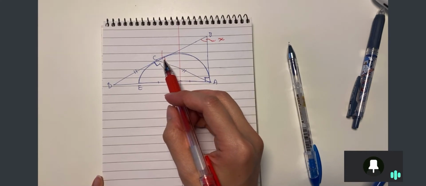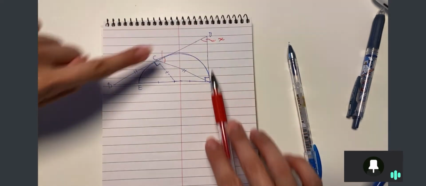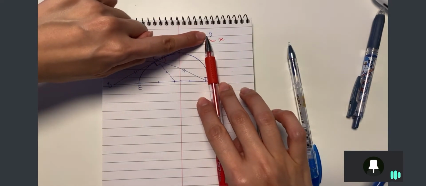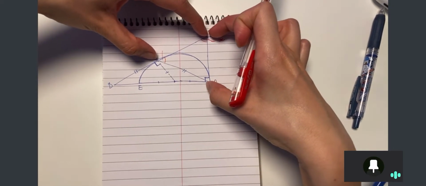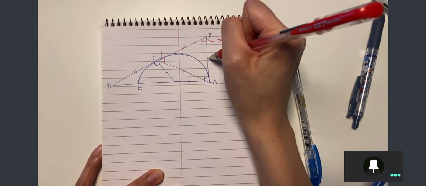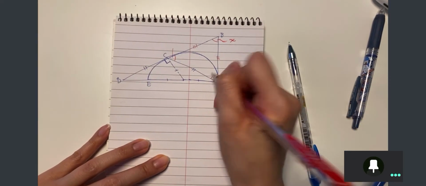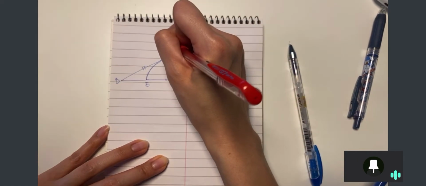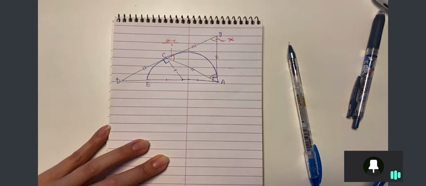And then if this one is X, before finding this one, you need to know that for tangent AB and tangent BD, if they meet at one point, that means BC and also AB will be the same. Okay, they are the same. That means the base angles are also the same. So this one is (180 minus x) divided by 2.